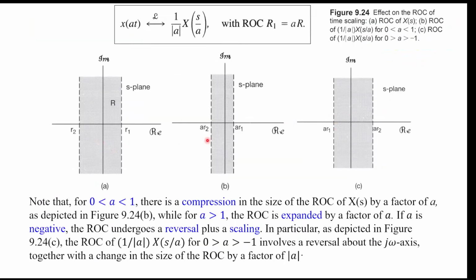So when a is negative, R1 was on the right side, then aR1 will be on the left side. R2 was on the left side, aR2 will become the right side. So when a is negative, in addition to this compression illustration, you will also flip the ROC left and right.